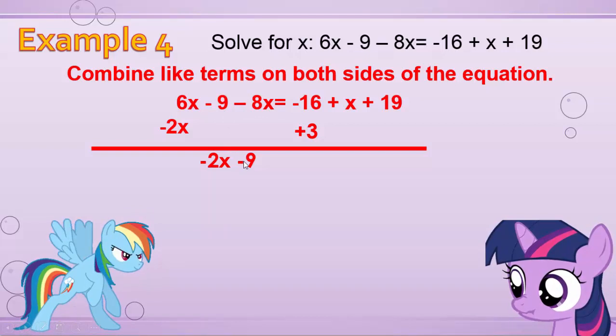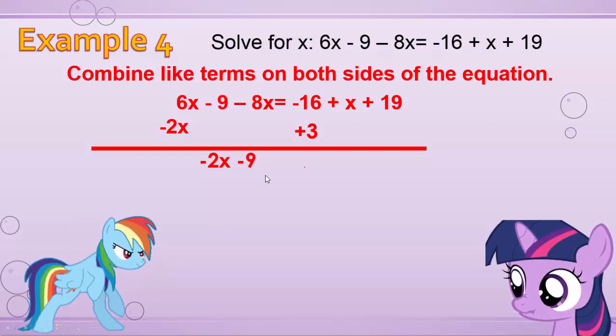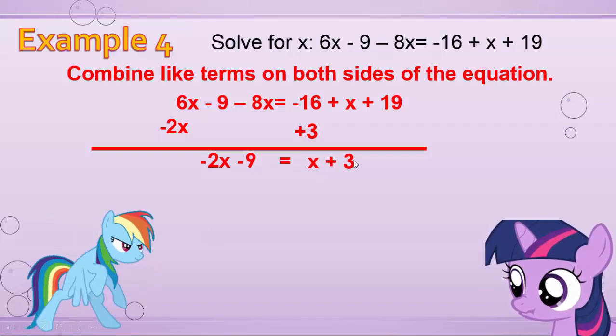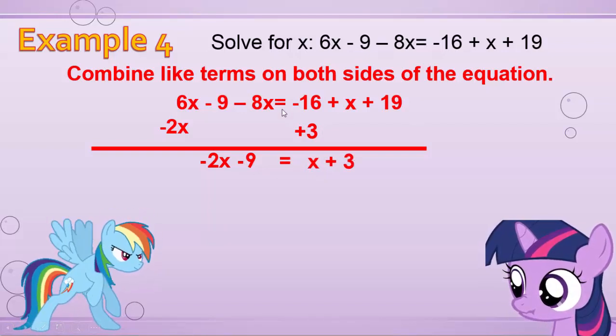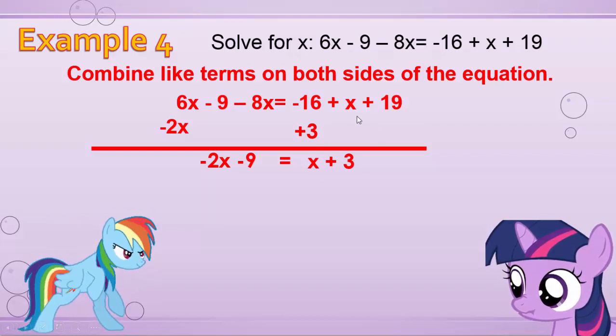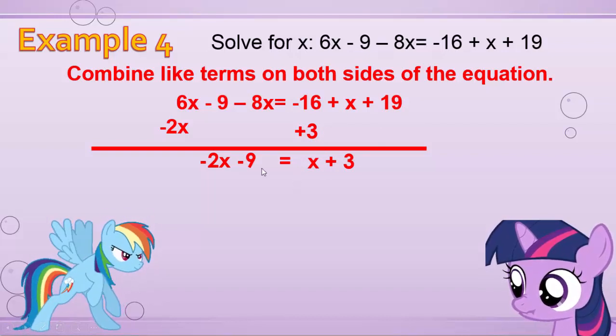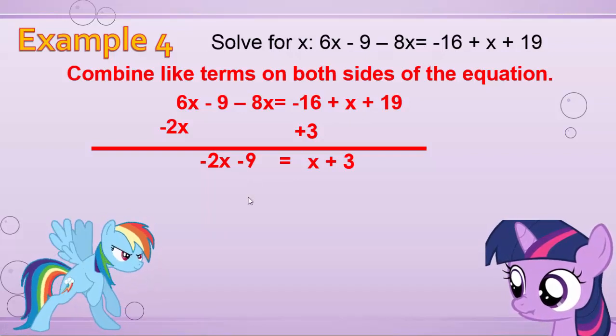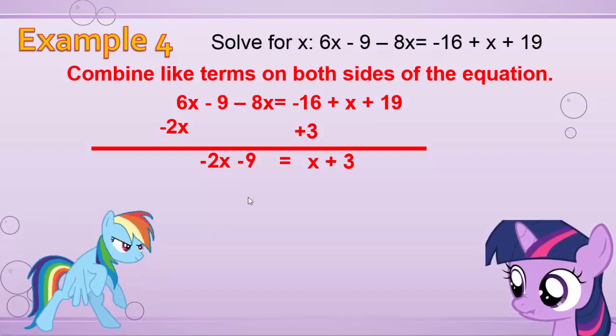We bring down the negative 9, and that will be equal to positive 3 from here, and then the x from here. Now we can solve the rest of it like we did in examples 2 and 3.